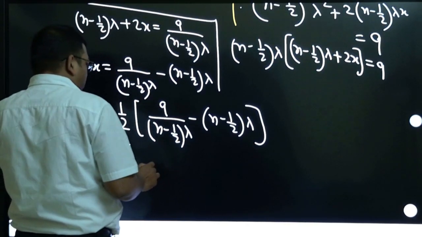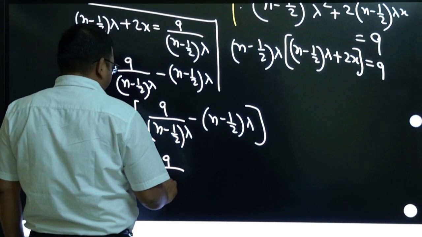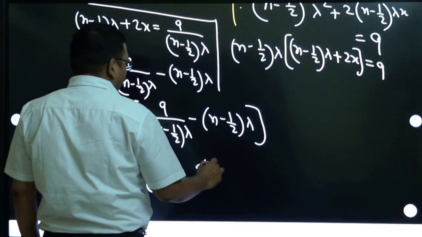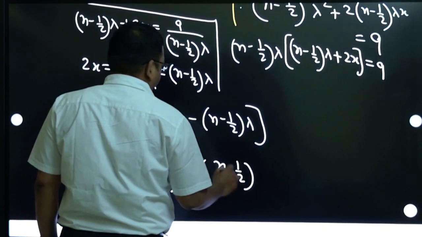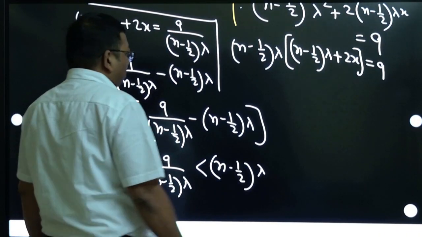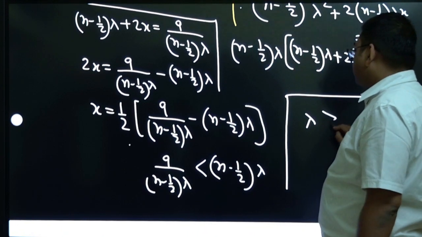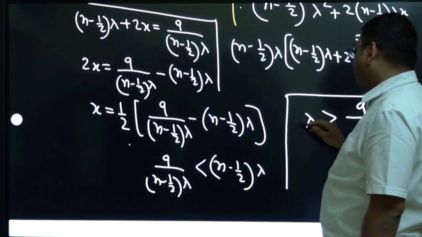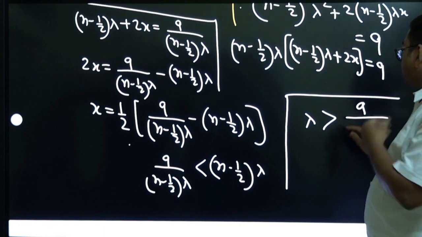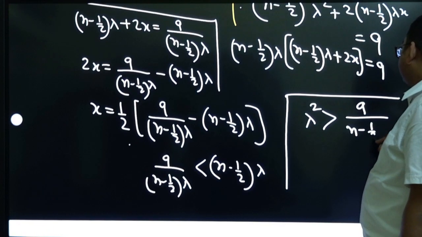So that means the term (n minus half) lambda becomes smaller than this term. When is it possible? That means lambda square will come as 9 by (n minus half) square.